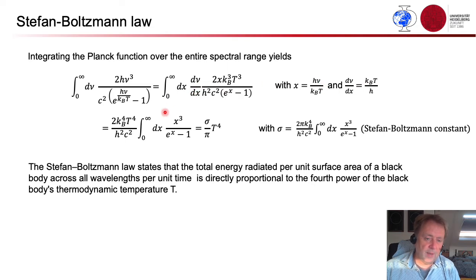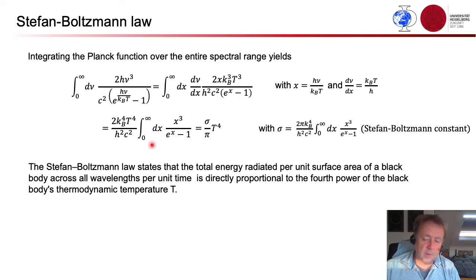After all that, this integral can be expressed as a factor which has the temperature to the power of 4 in the numerator, and the rest are constants, times the integral from 0 to infinity dx, x to the power of 3 divided by e^x minus 1.